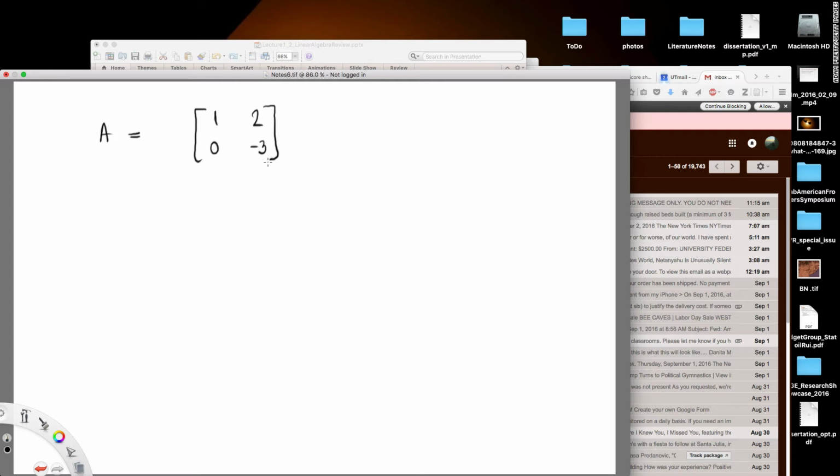How would I multiply this matrix with a number? Let's say 2. Just with one number. Everybody, right? So this would be 2 times 1 is 2, 4, 0, and minus 6. So multiplication by a scalar is easy.